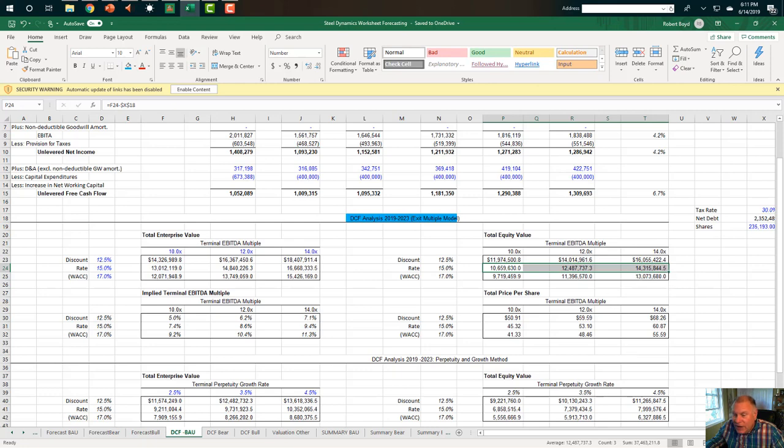And then it divides it by the number of shares, and you have a range. So in this case, if you're using 15% cost of capital, based on your earnings multiple of 10, 12, or 14, it's worth between $45 and $60 a share, 53.